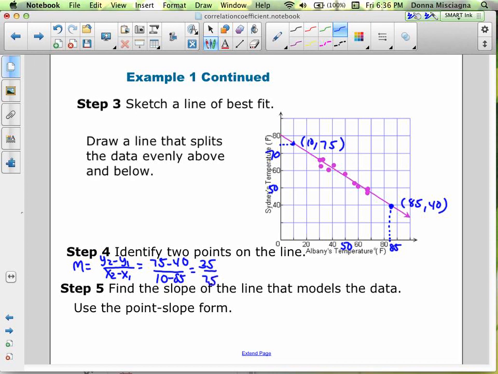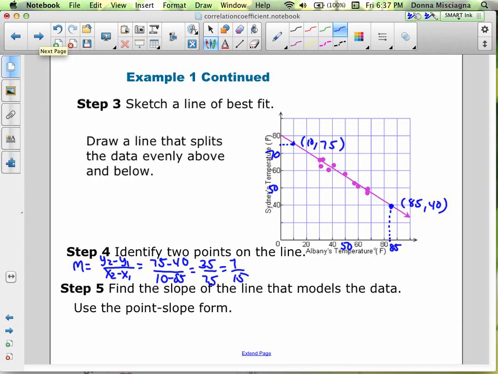I'm going to keep it as a fraction because that's not going to be a terminating decimal, but I'm going to reduce. They're both divisible by 5. So this would be 7 over 15. All right, so that appears to be our slope.